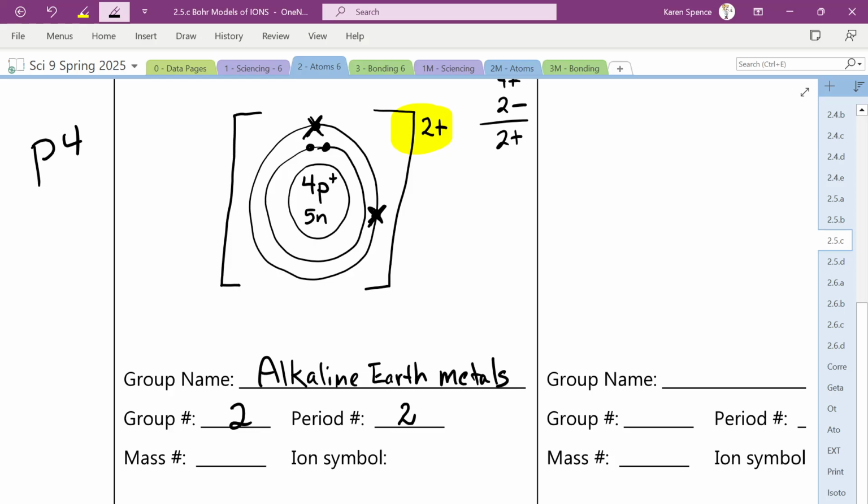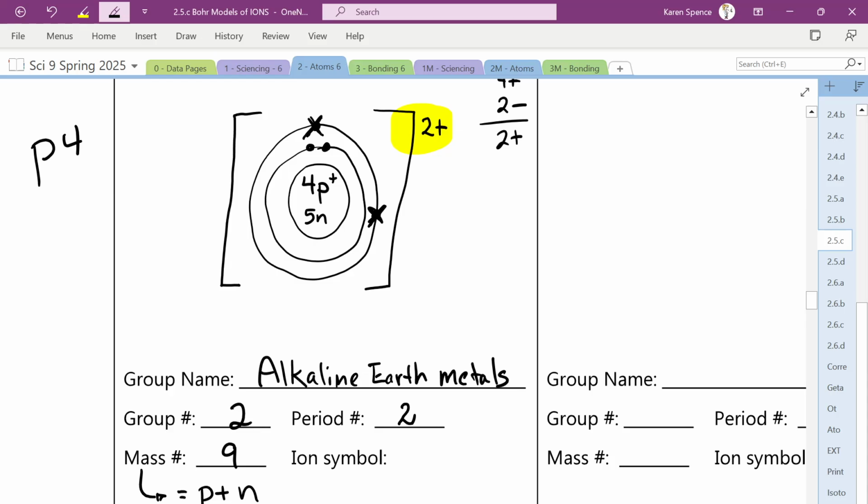How do we find the mass number? The mass number is equal to the protons plus the neutrons. So it's going to be a whole number. So we have a 4 plus a 5, which gives us 9. It's just 9, not 9.0.